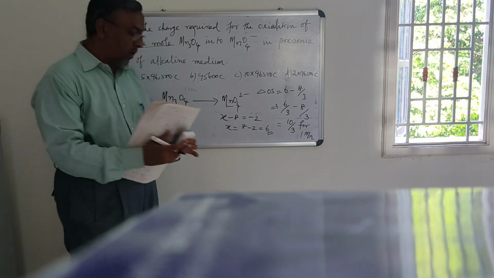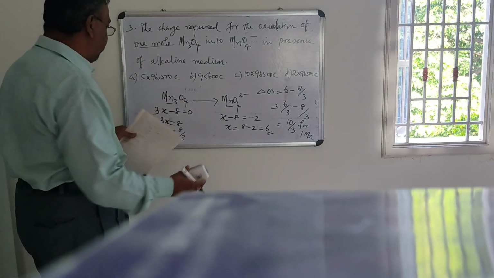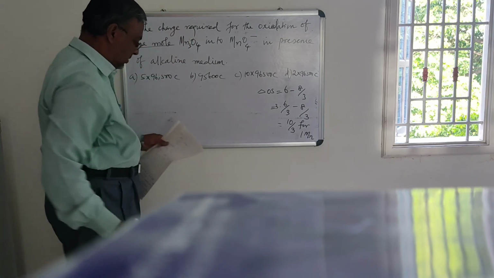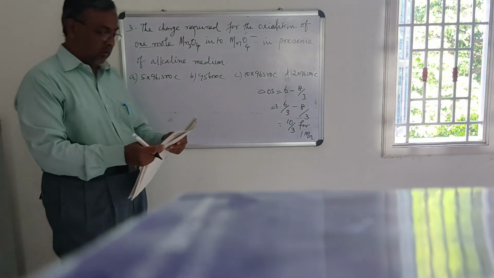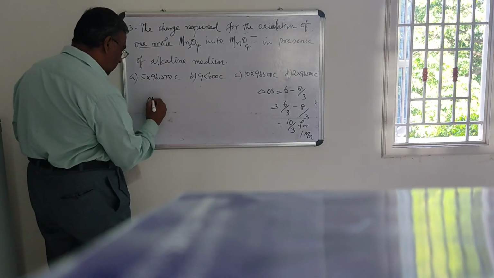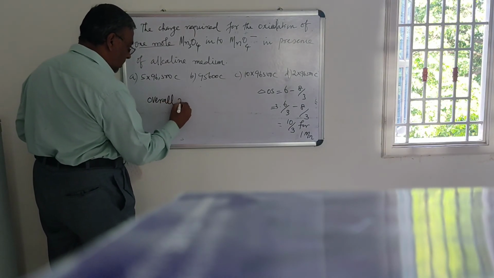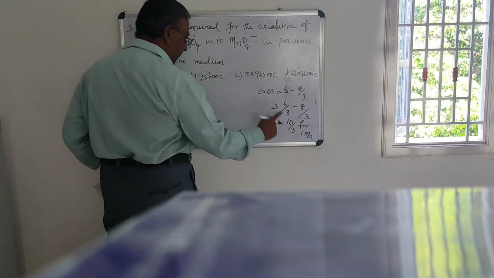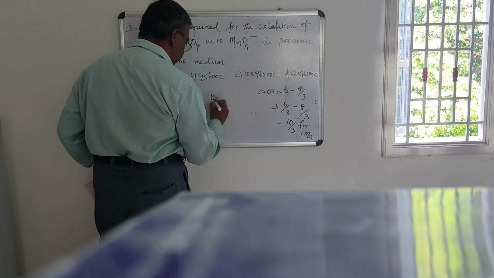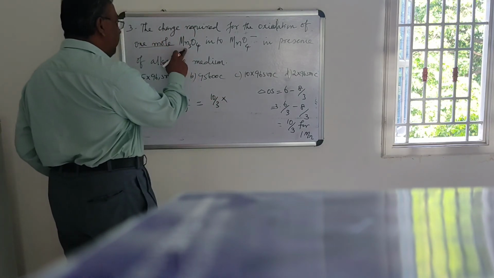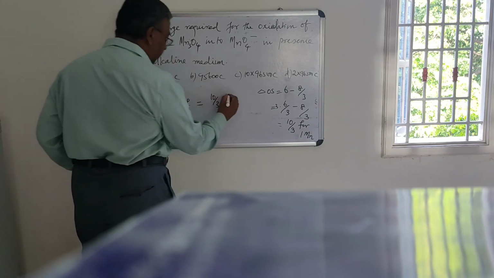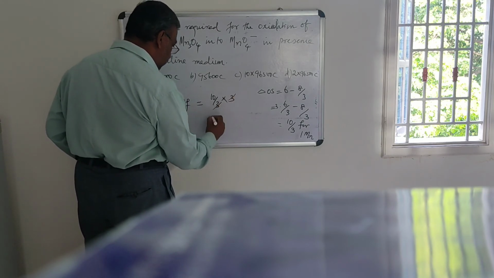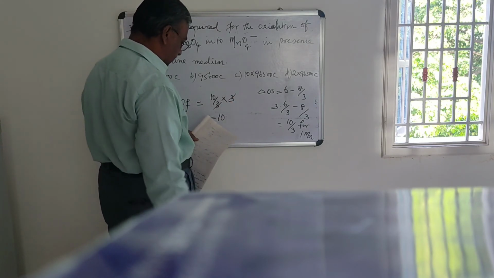Then we have to find out what is the overall n factor. For 1 manganese there will be 10 by 3, but there are 3 manganese atoms here, into 3, it will be equal to 10.